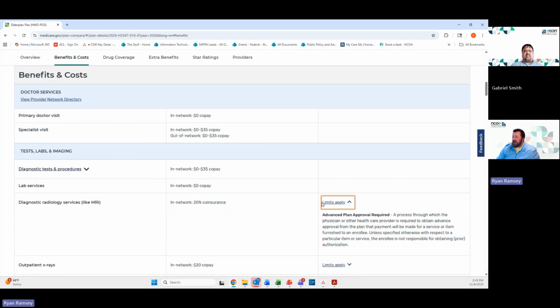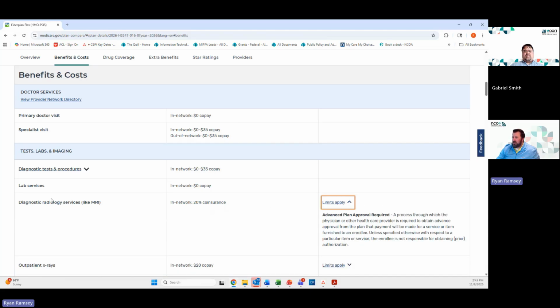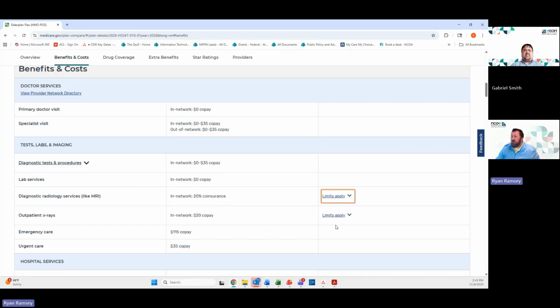You'll see information like limits apply on some of these, and it's really important that you look at what limits are being applied to certain services, especially ones that are big priorities for you, because you want to know what hoops, for lack of a better term, am I going to need to jump through in order to satisfy that this service is covered at that point in the year.